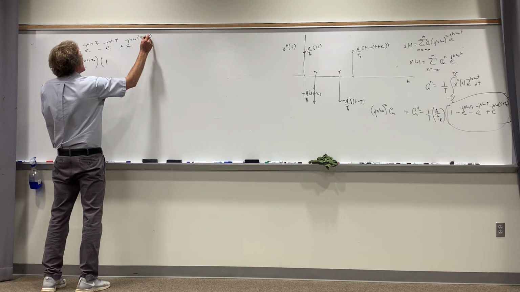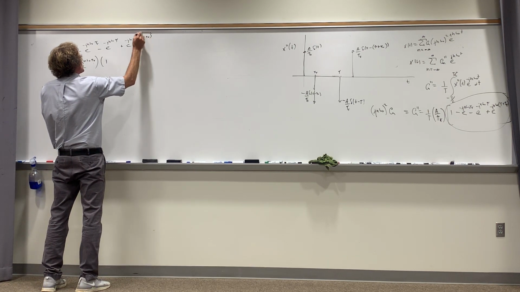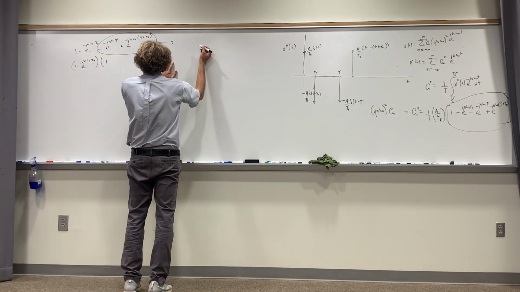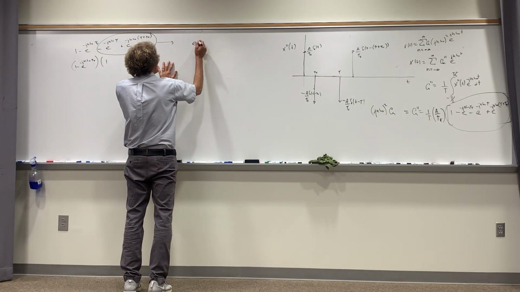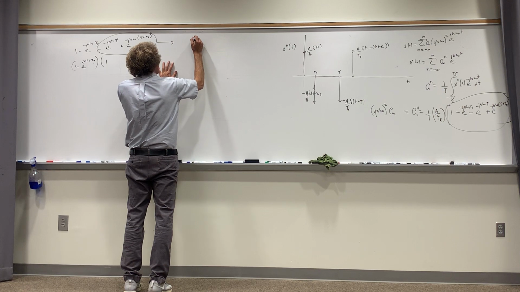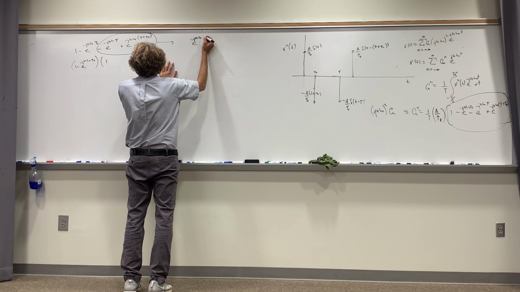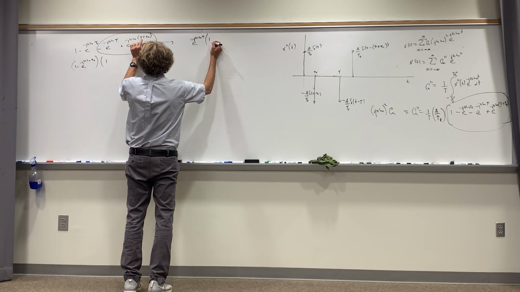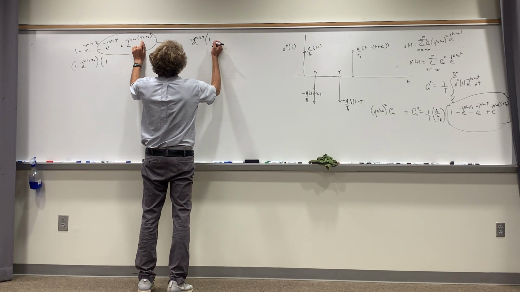About here. These two terms here, I can look at separately and I can say this is e to the minus j n omega naught tau times 1, and there's an e to the minus j n omega naught tau here, right?